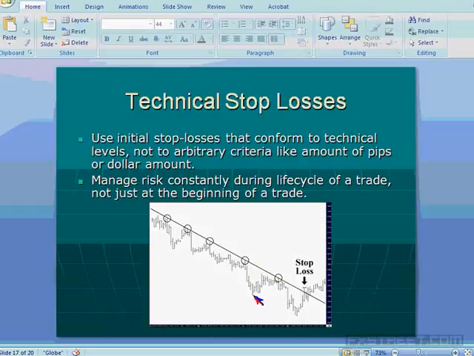So that's one of my main strategies: to play breaks of counter-trend retracements in the direction of the trend. Okay? And as you can see here, this is where you place the stop loss, when price is telling you that you're wrong. And this might be one place to put it.